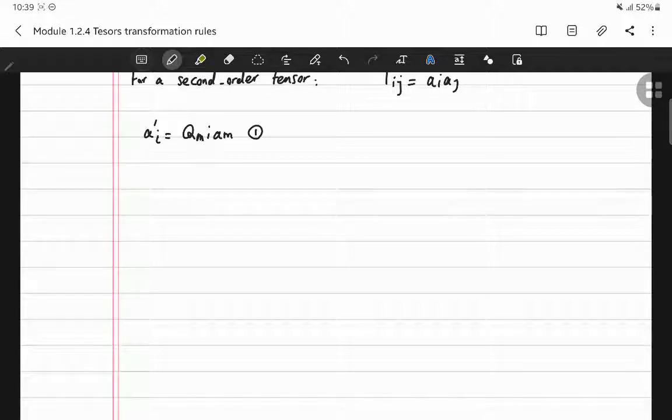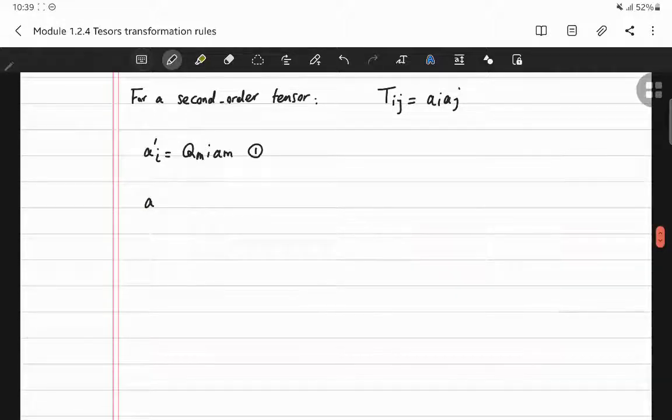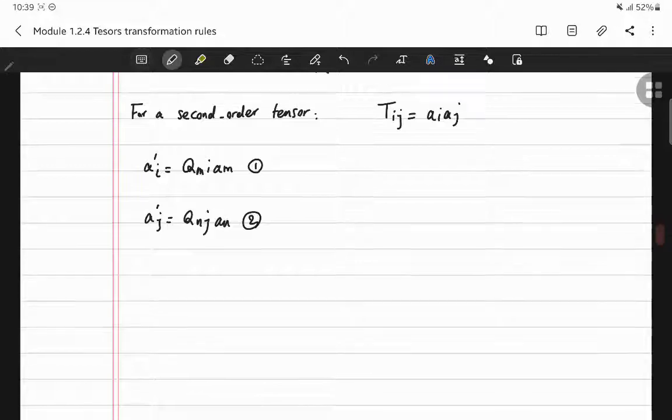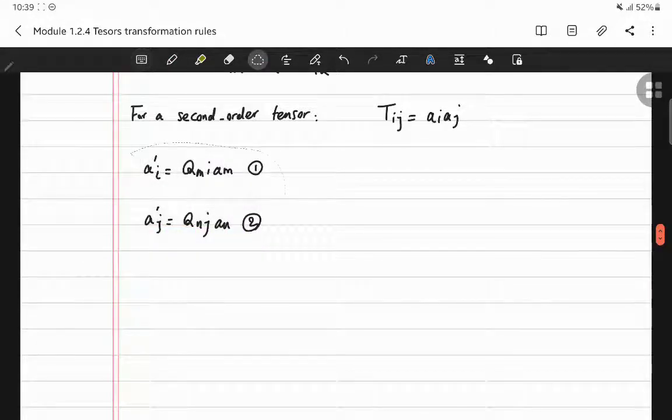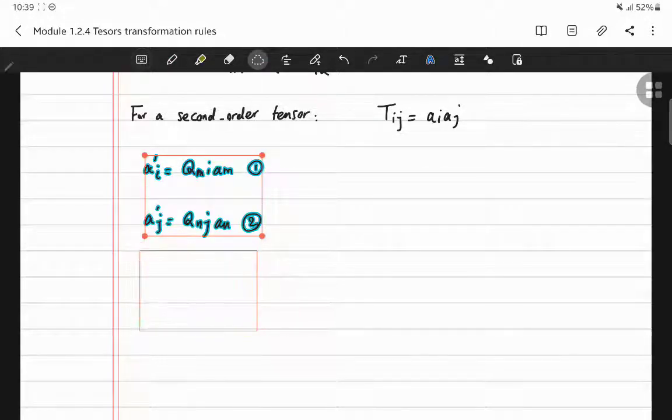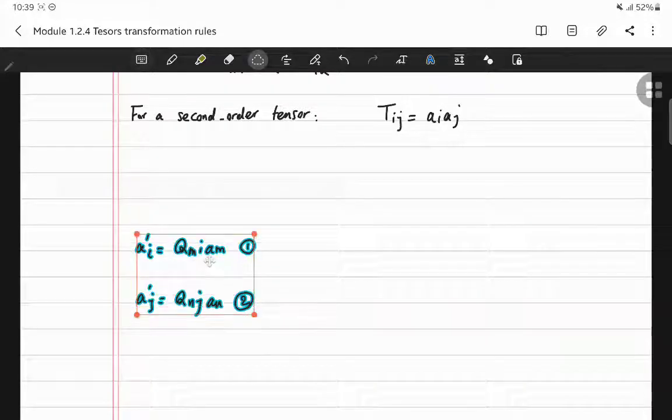And here I have A prime j as, let's say, Q_nj A_n. And I wrote them like this because, maybe it was better to state this later, if you have T_ij equal to A_i A_j, we assume that this happens here, then it is true for all coordinate systems.